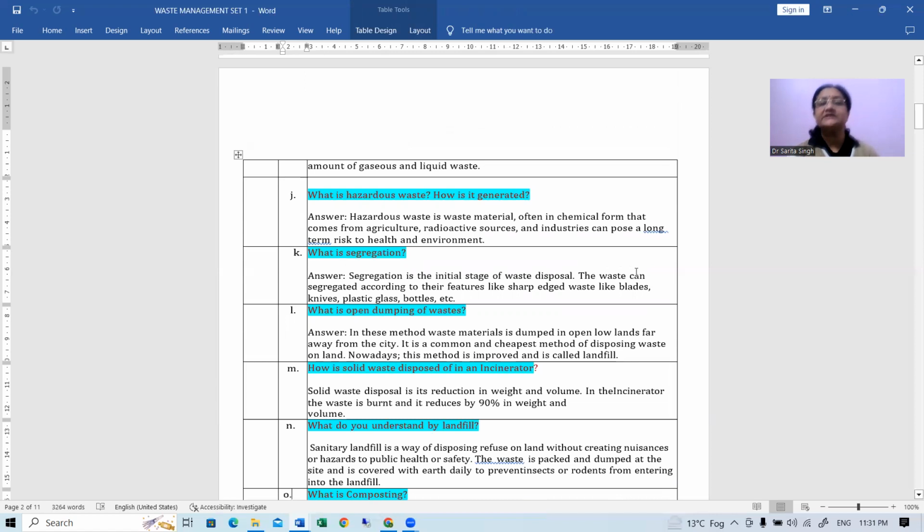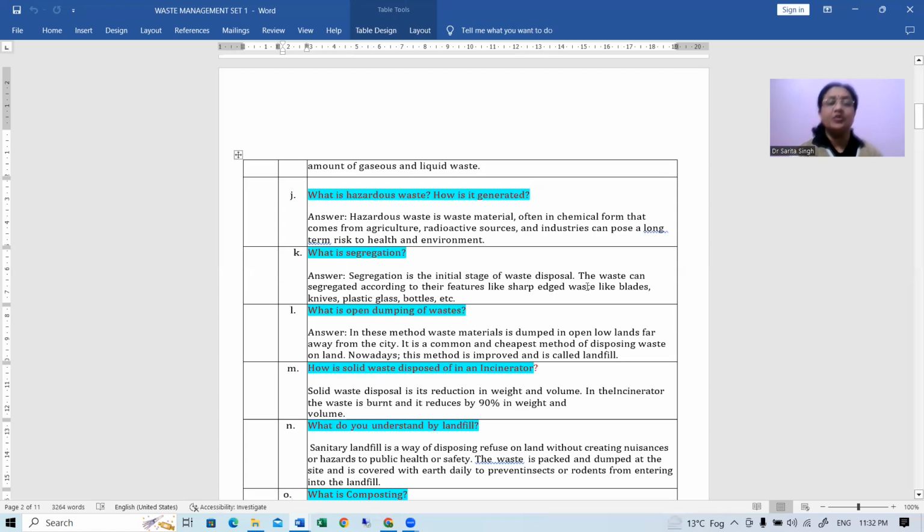Hazardous waste basically is the waste material, often in chemical form, right, that comes from agriculture, radioactive elements, and all what we get from the various sources. And the industries can pose a long term risk to health and environment. So all such wastes which are coming in that way are called hazardous waste.